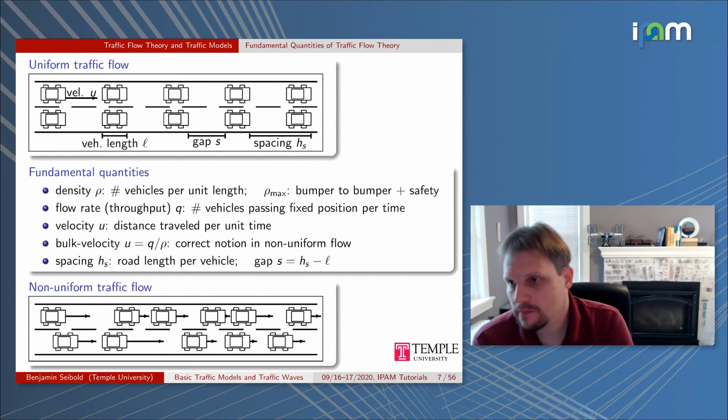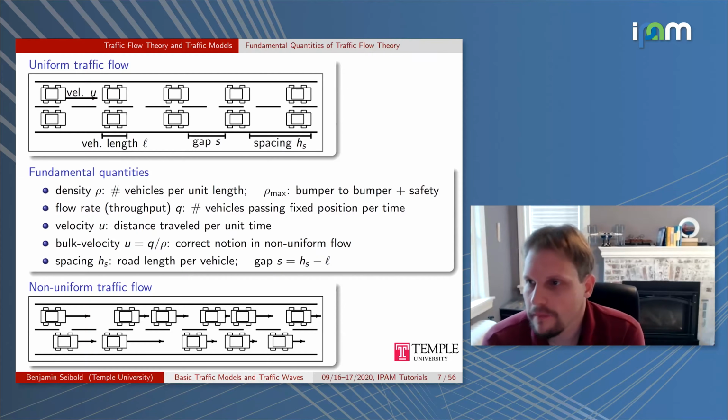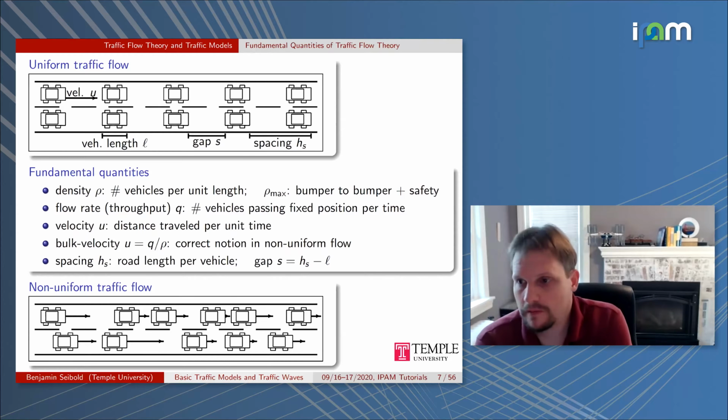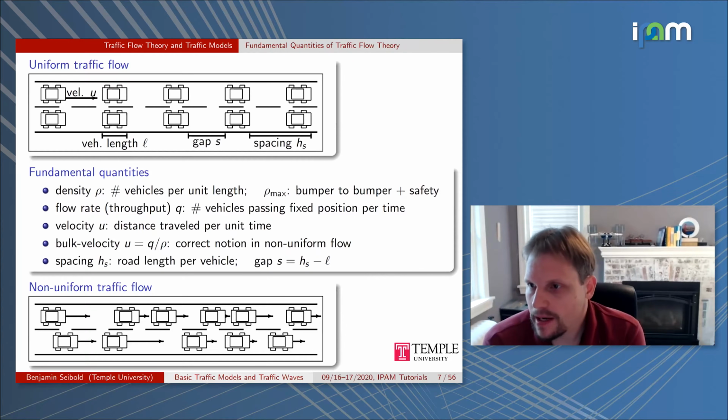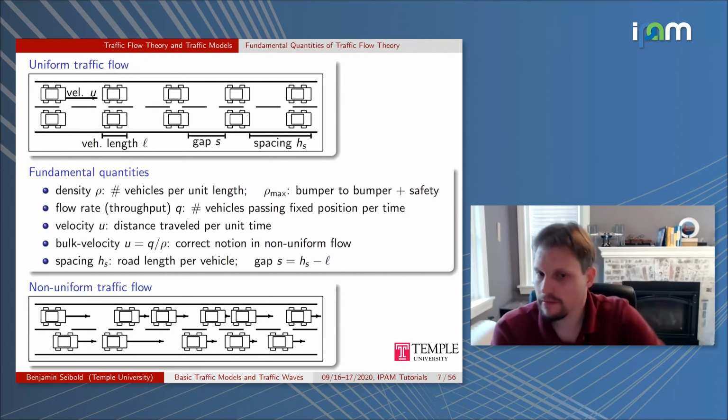You can define an average speed, right, by dividing the flow rate of the river, how many water molecules get moved, by an analog of a density, which in this case would be essentially the cross-sectional area that is covered with water, right? So it's the same idea in traffic flow as well.